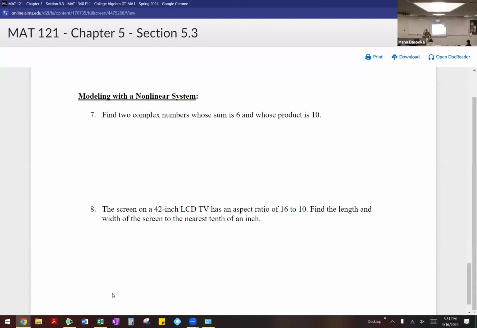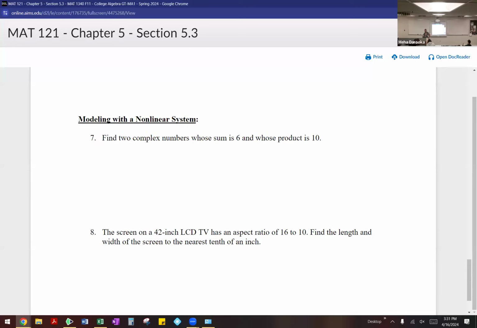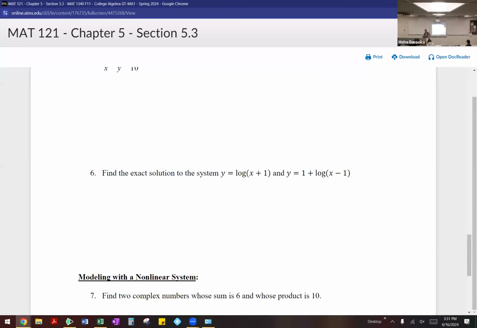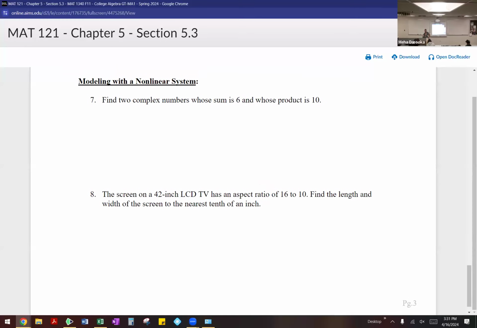Let's actually do number 7, because if my memory serves me right, I think there might be something like number 7 in one of it. So they're asking us to find two complex numbers whose sum is 6 and product is 10. So think of the two complex numbers as maybe being x and y.